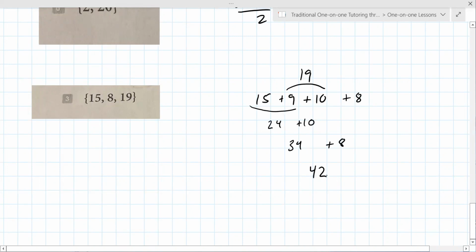42. And the faster you can do this, the faster you'll get your answer. But fast and wrong is still wrong. So try to take your time to get the right answer, of course.